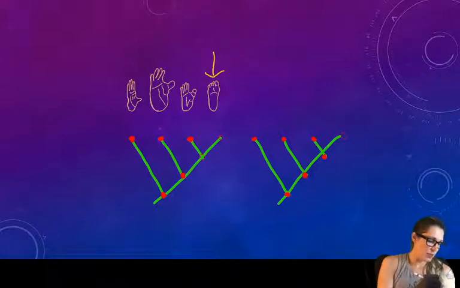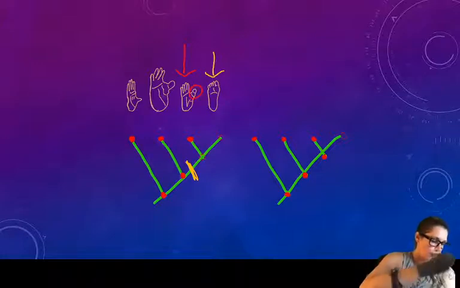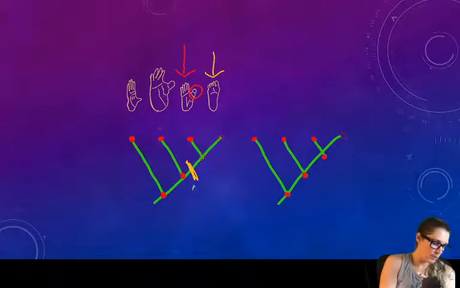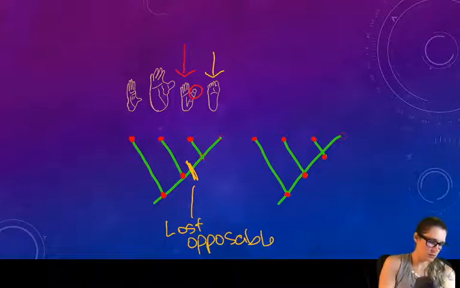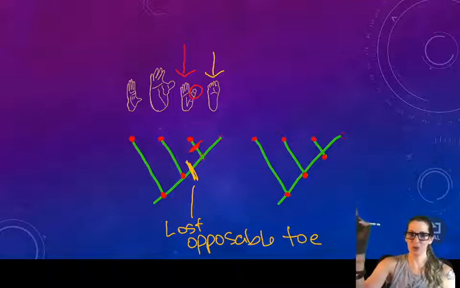If we put that transition happening here, well, this ancestor has an opposable great toe, as indicated by this here. If the opposable toe was lost here, then we would have to have a transition here back to the opposable toe.